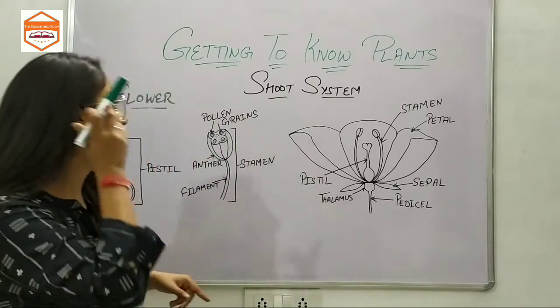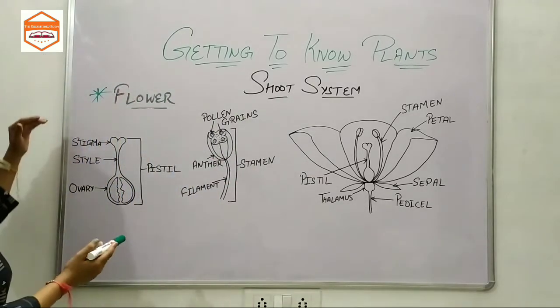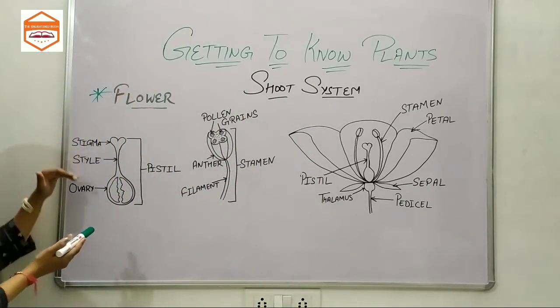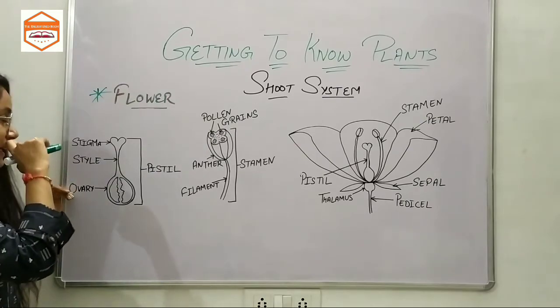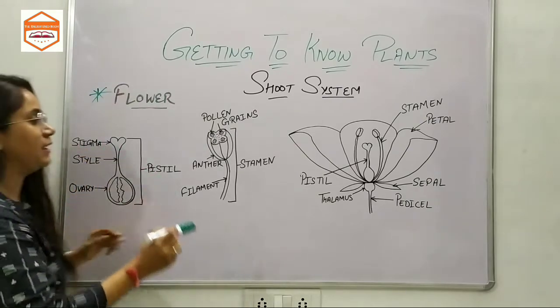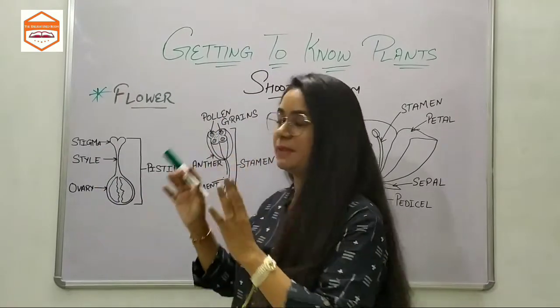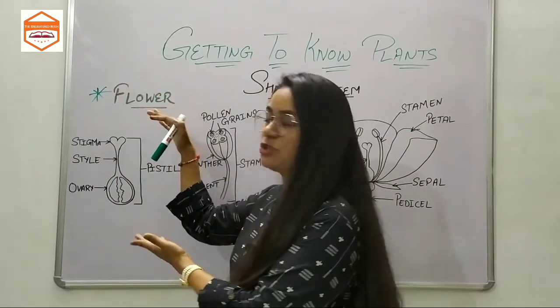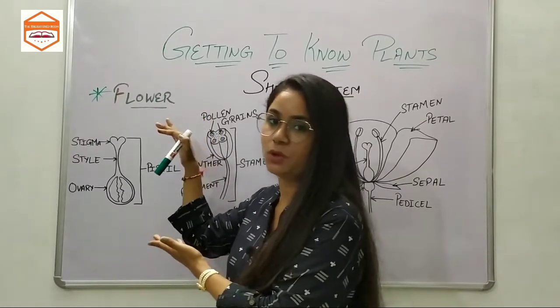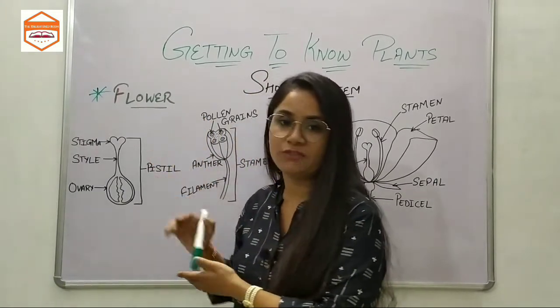Now this pistil contains three essential components. At the top is the stigma, this heart shape here. This complete pistil is a flask-shaped part of the flower.